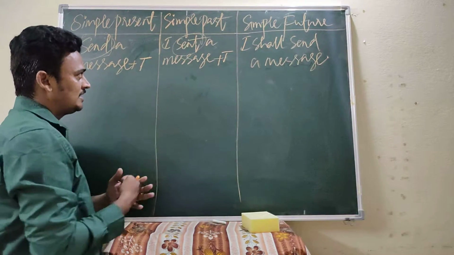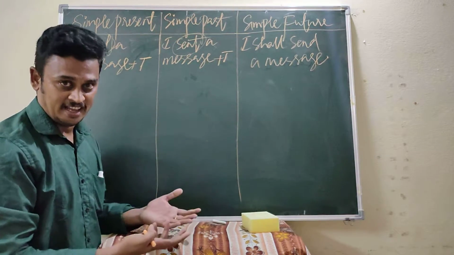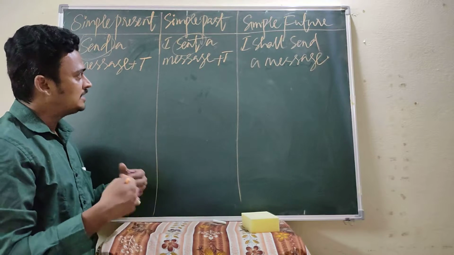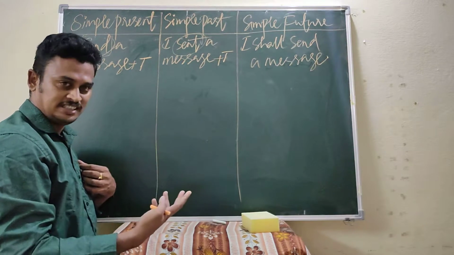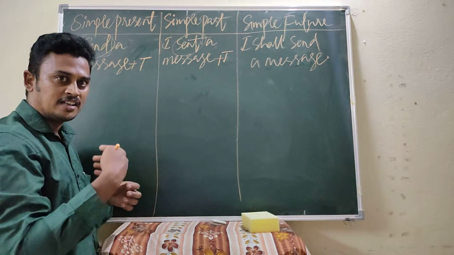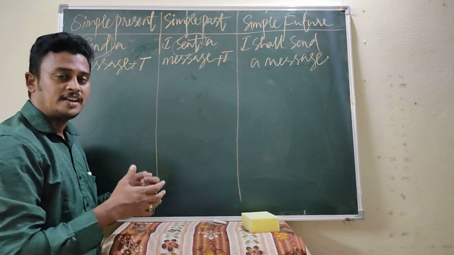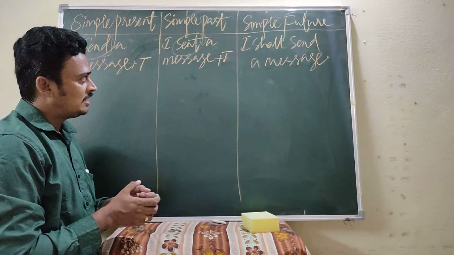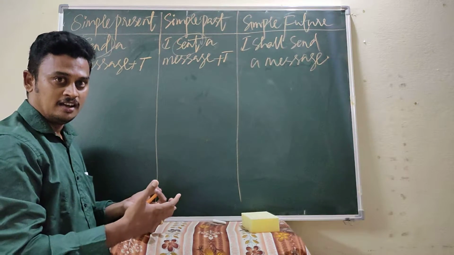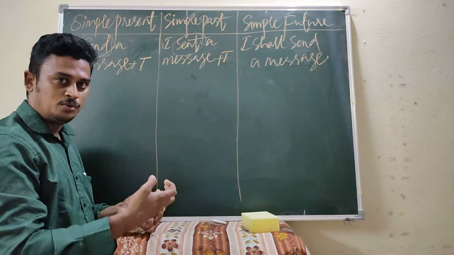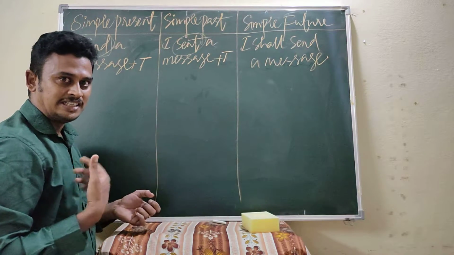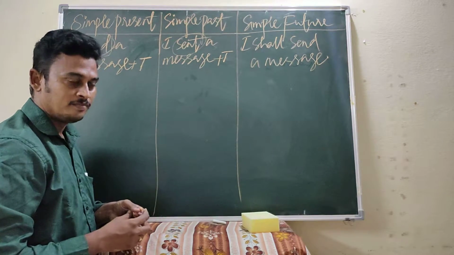I sent a message yesterday to my parents. I sent a message to my colleagues last year, last month. I sent a message to my friends last month, last year, last minute. Two years ago, I sent a message to my brother.